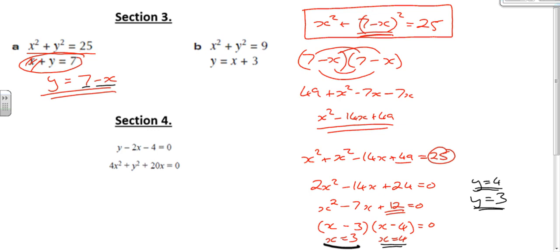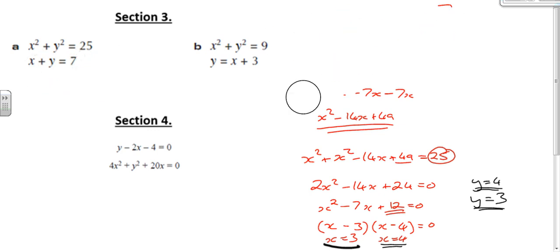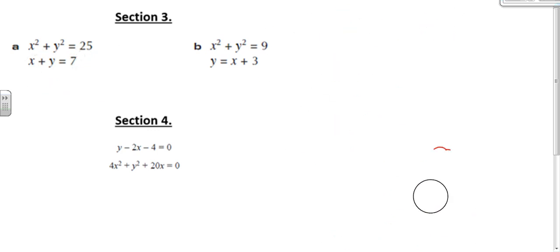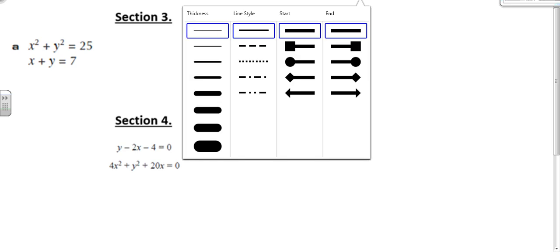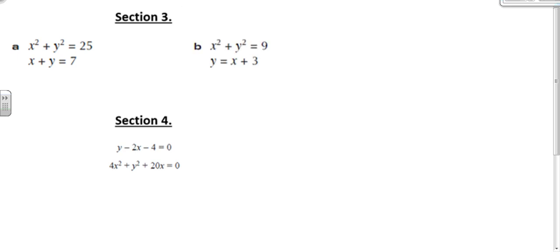So if we just clear this, we're going to have y equals x plus 3. Instead of writing out x squared plus y squared equals 9, we're going to write out x squared plus (x plus 3) squared equals 9.